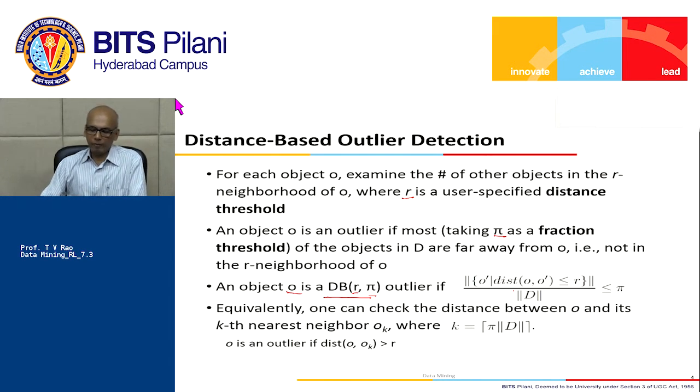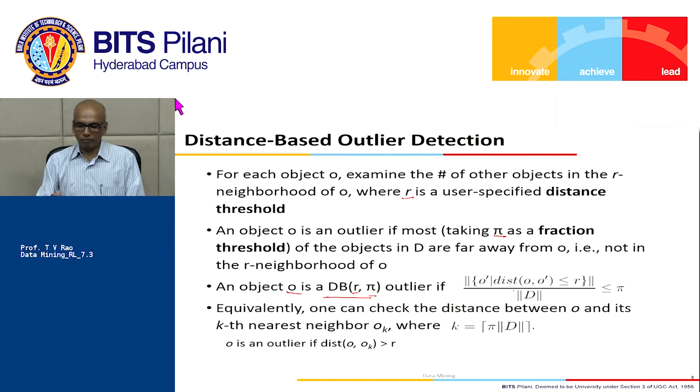The other way we can do this is to use the kth nearest neighbor. For each object, instead of finding the nearest point, we find the kth nearest point, meaning there are fewer than k objects within that distance.